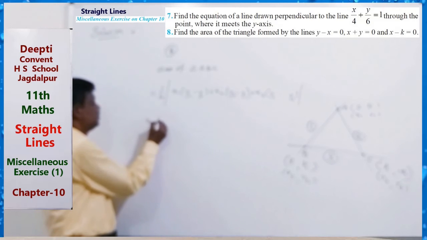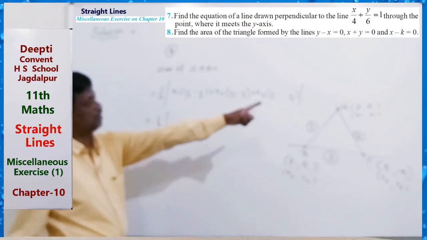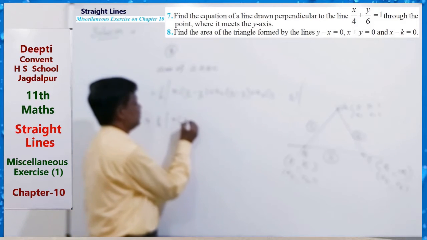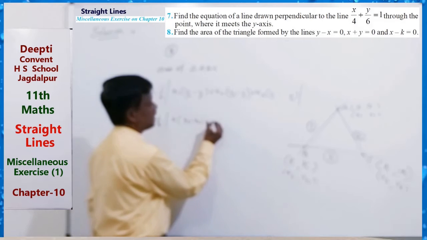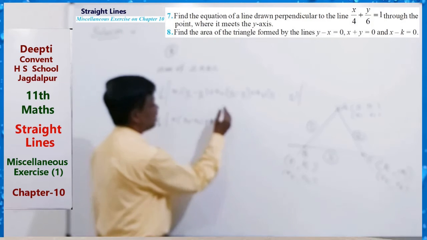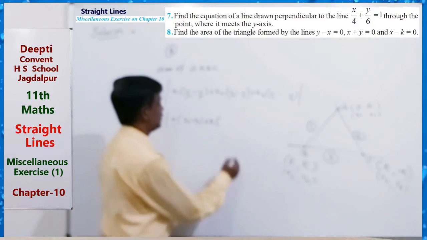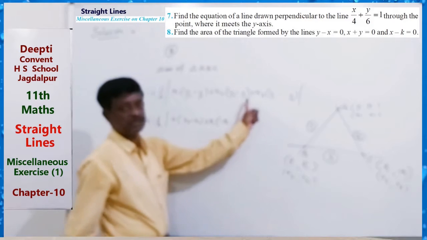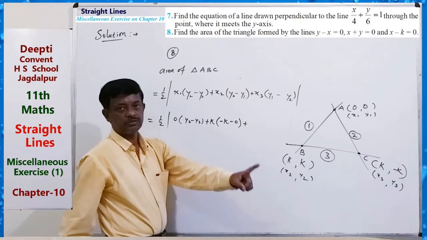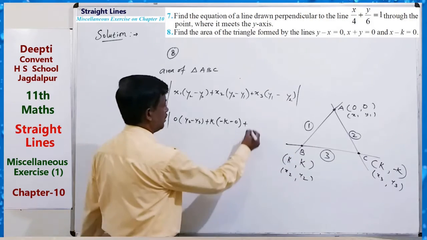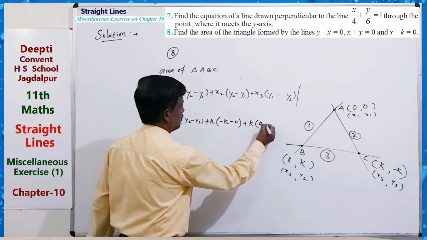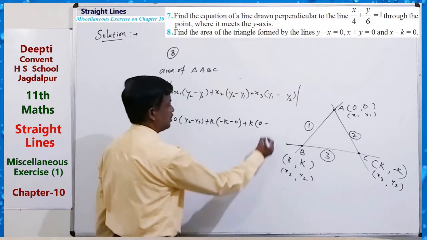Just solve it by putting in the values. x1, y1 is 0, 0, so 0 into anything. x2 equals to k, y3 equals to minus k, y1 equals to 0. x3 equals to k, y2 equals to k.